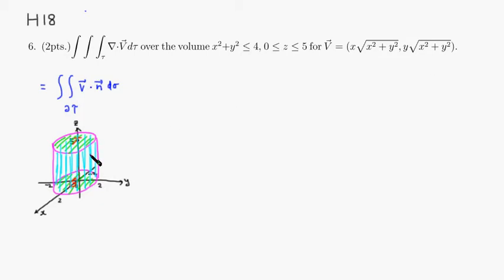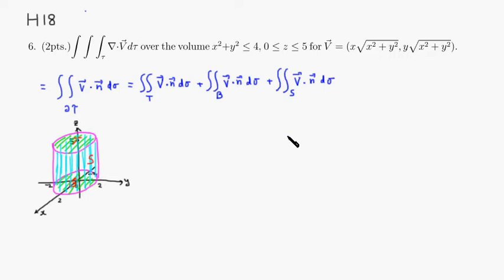So that's going to be a side, say, S. So we need to evaluate the double integral over these 3 separate surfaces. So we have a double integral over the top of v dot n d sigma, plus a double integral over the bottom B of v dot n d sigma, plus a double integral over the curved surface S of v dot n d sigma.